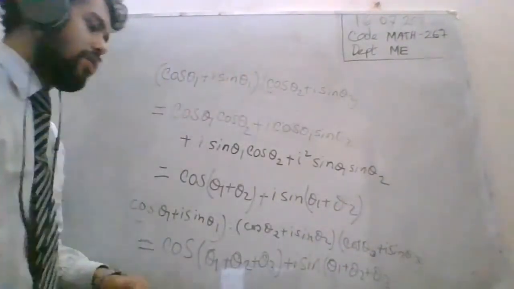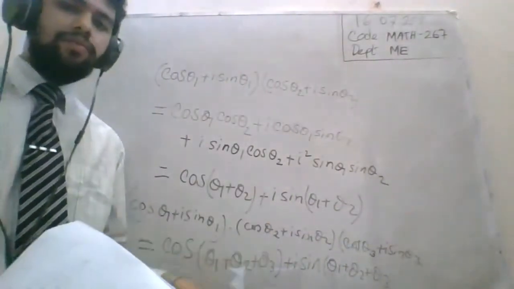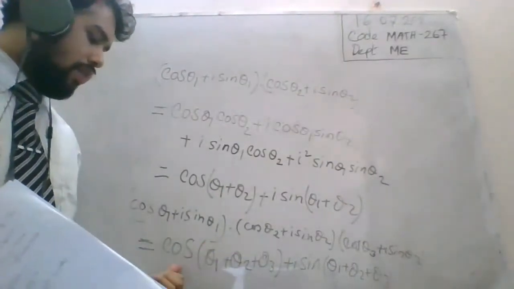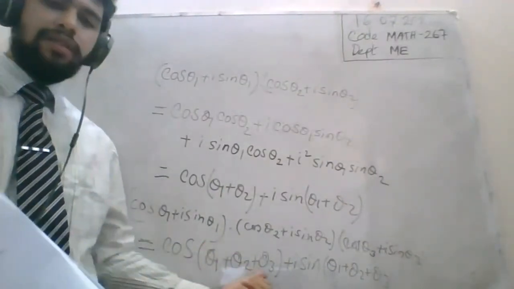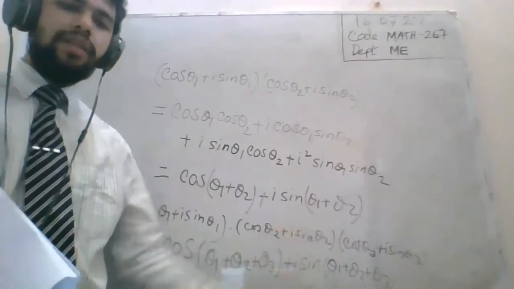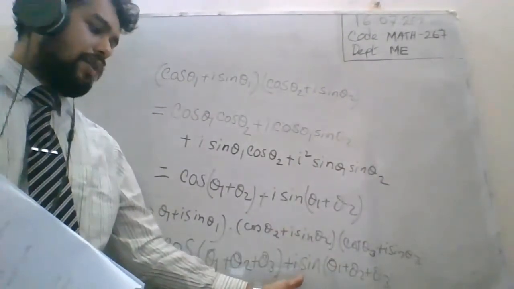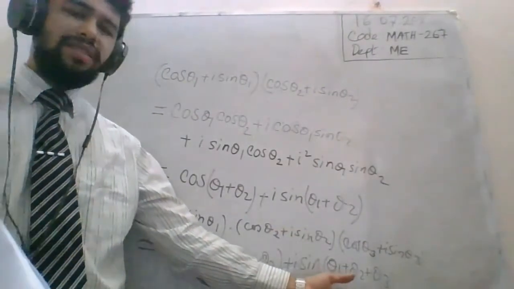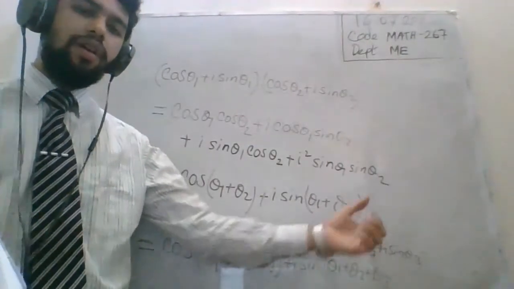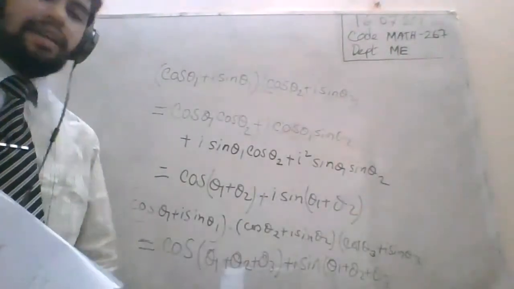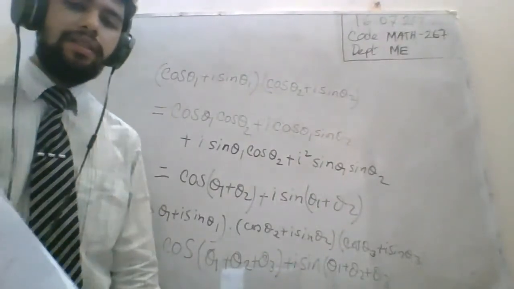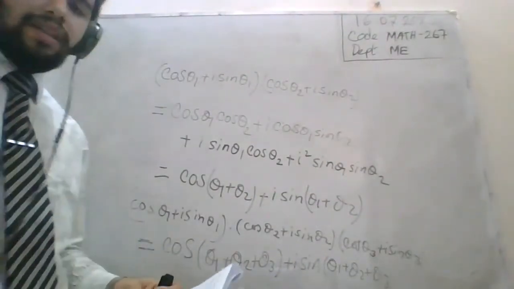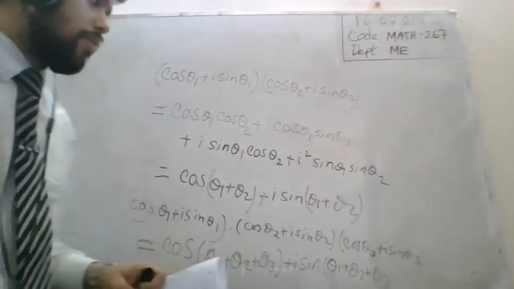Similarly, up to n terms, you get cos (theta 1 plus theta 2 plus dot dot dot plus theta n) plus i sin (theta 1 plus theta 2 plus dot dot dot plus theta n). In this way we can find it up to n terms.